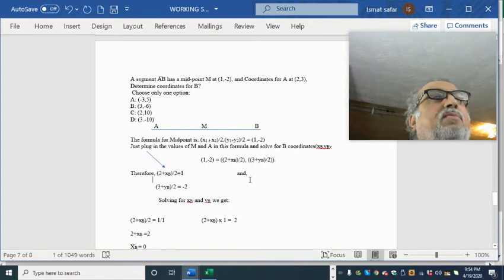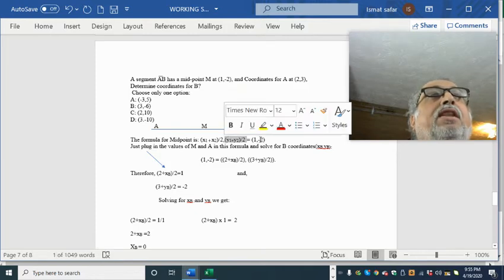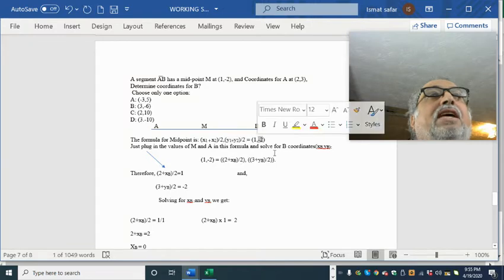Why am I saying that? Because look at this: 1 comma negative 2 is the coordinate of the midpoint. So 1 is the x coordinate of M, which equals 1, and this is the y coordinate of M, which equals negative 2. That's all we're saying.